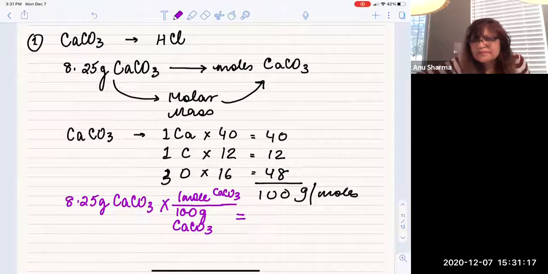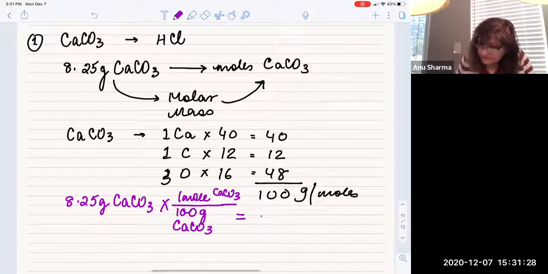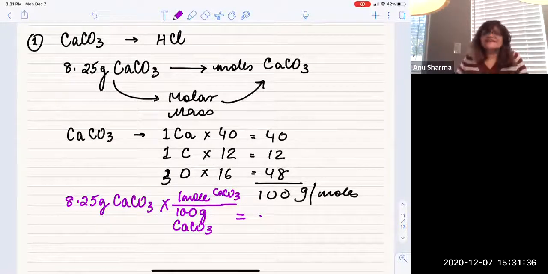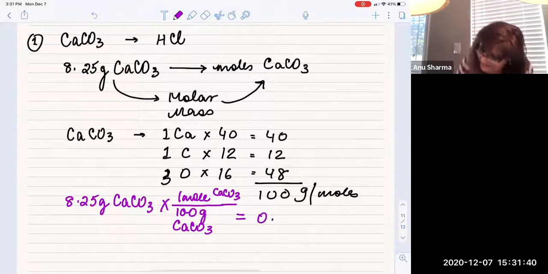Three places? Yeah. No, write down 8.25 divided by 100. How much is that? 0.082. Very good.